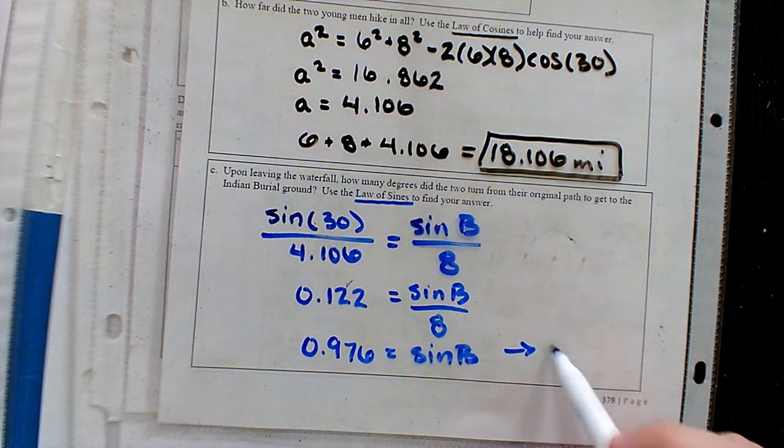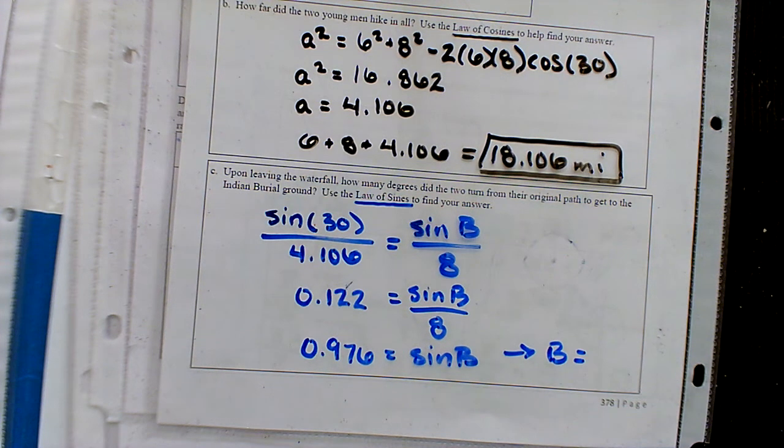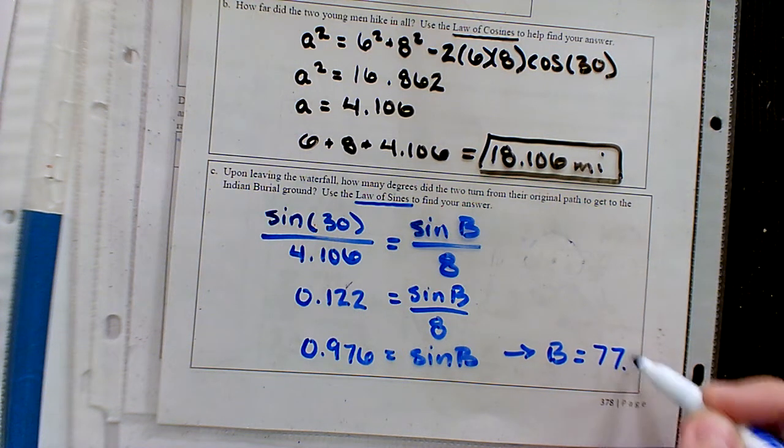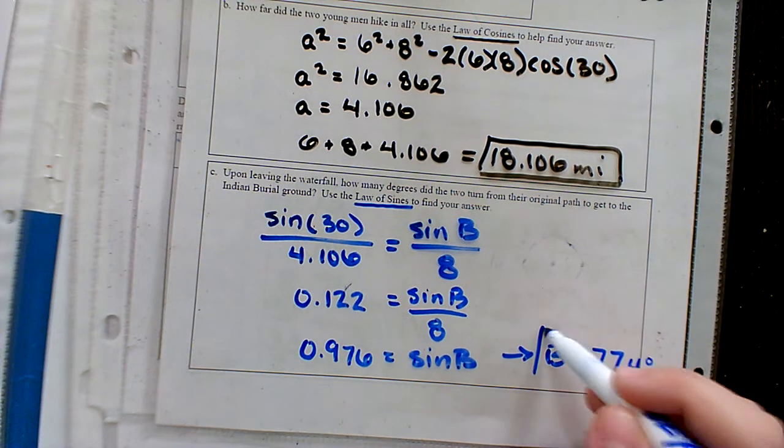And how are we going to move the sine over? Yeah? Sine to the negative first. All right, so we got to do sine inverse and then type in 0.976. And looks like we get 77.4 degrees.